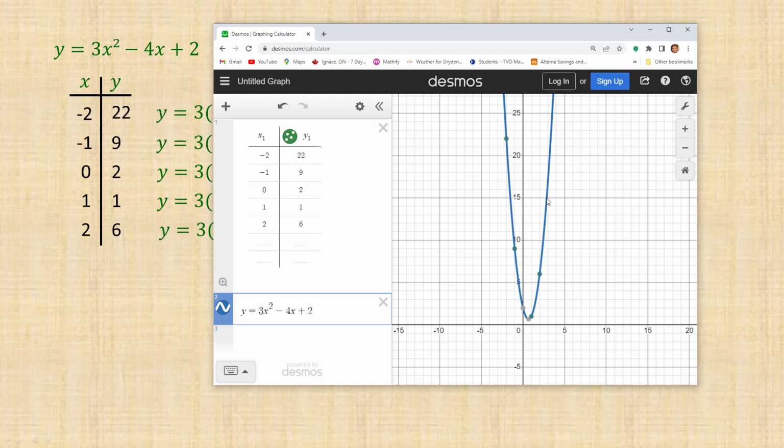If we were to take some random point, for example, it looks like my x value is pretty close to 3 there, going up a little bit, 3, 17. So 3, 17 should be a point on the graph. Well, it certainly looks like it.